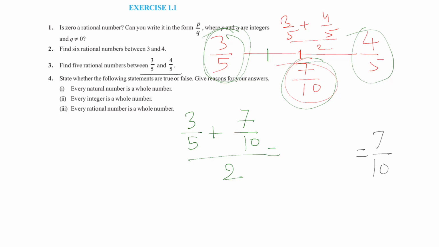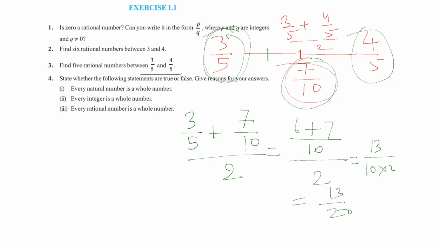So this is another way of finding rational numbers. Just add two extremes and you will find a new rational number in between, and we keep repeating to find another 5 rational numbers. So quickly I will do this. I'll add these two. 10 is the LCM of 5 and 10, and then we have 6 plus 7 by 2, which is 13 by 10 into 2, that is 13 by 20.